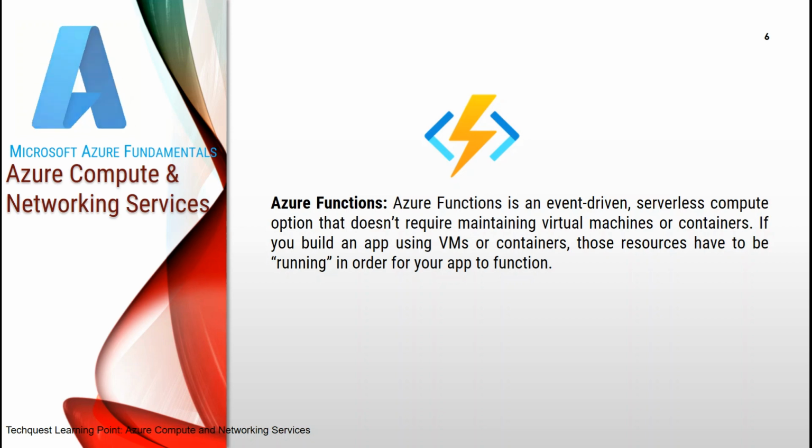Azure Functions runs your code when it's triggered and automatically deallocates resources when the function is finished. In this model, you are only charged for the CPU time used while your function runs. Functions can be either stateless or stateful.